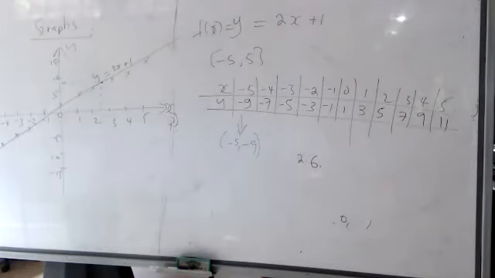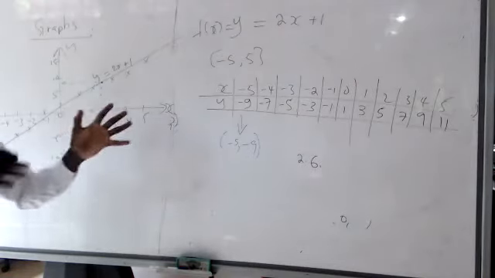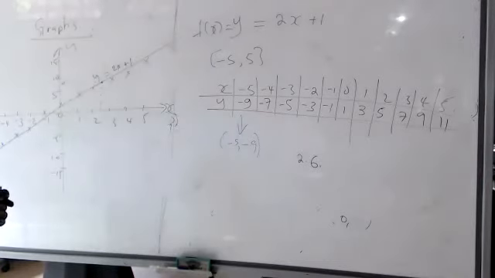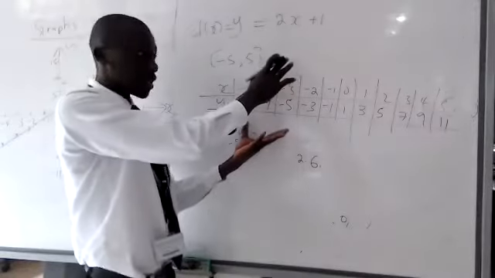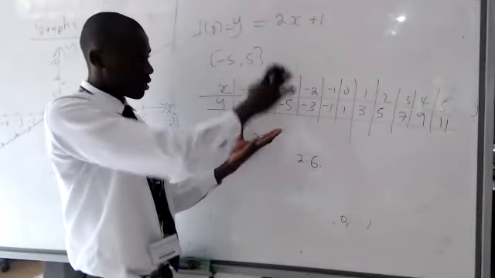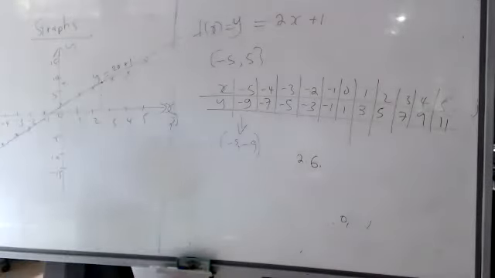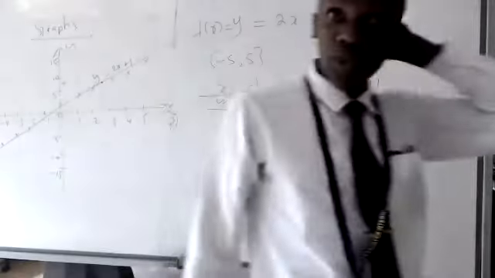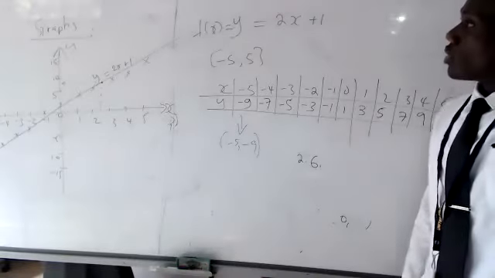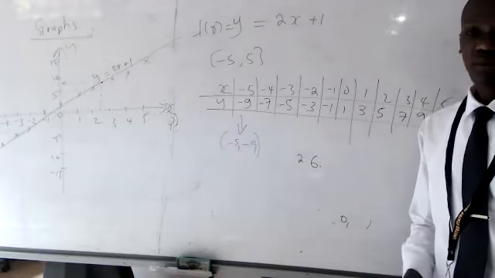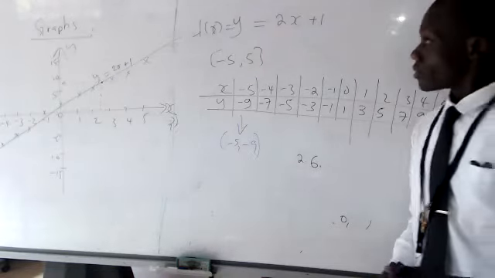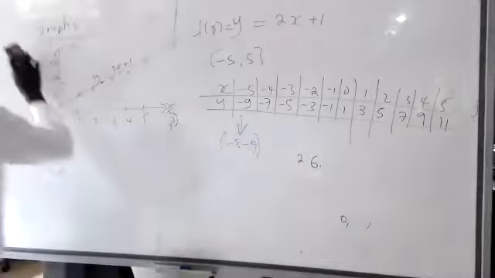Whether it has been drawn or put in table form like this, this is a graph to a mathematician. Questions? Any question on graphs before we narrow down to exponential functions, logarithmic functions, and rational functions? No question.